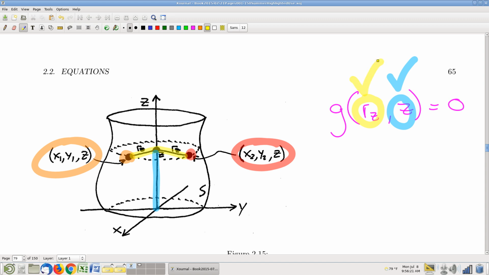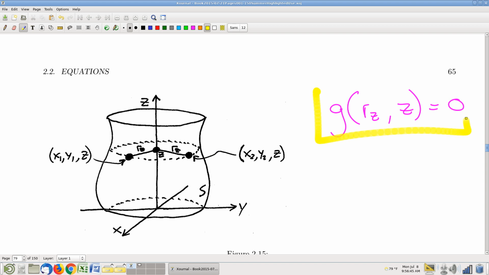That means that these two points, the orange point and the red point, either they both work in the equation and therefore they're both on the surface, or they both don't work in the equation and therefore are both not on the surface. So this is the picture to have in mind to make the simple conclusion that if you have an equation of that form, where again x and y appear only as part of the special form, your surface is rotationally symmetric around the z-axis.